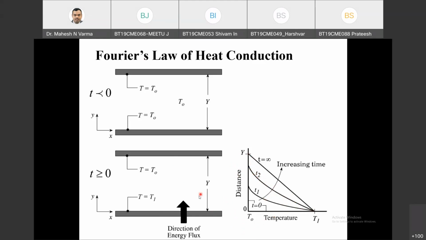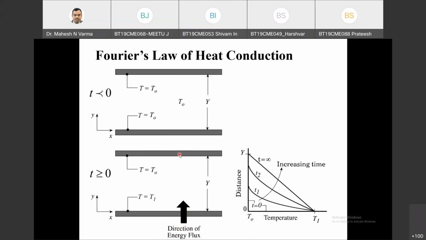At steady state, when I wait for a longer time and keep this temperature constant at T0, I need to forcefully remove the energy from this plate. That energy will be equal to the energy supplied at the lower plate after steady state.